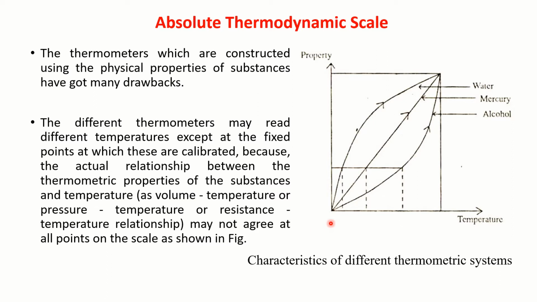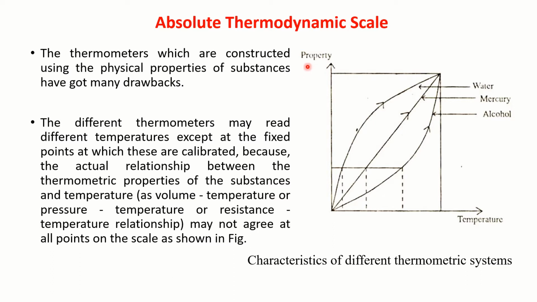Here I have shown a coordinate system. This is some thermometric property. For example, if you are using mercury in glass, when you dip the mercury thermometer in a hot bath, the mercury column rises.